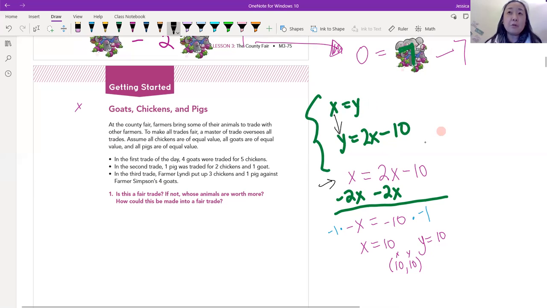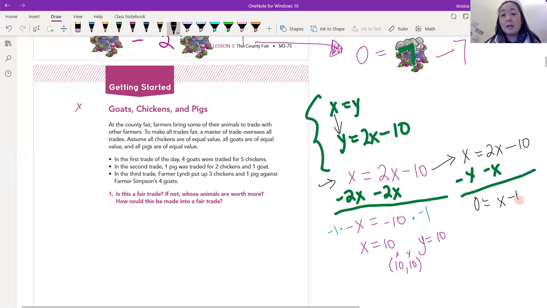So in the other universe, let's say we decided to go X is equal to 2X minus 10. So we decided to subtract X on both sides. And we would get 0 is equal to X minus 10. We get exactly what we had before with the elephant, right?